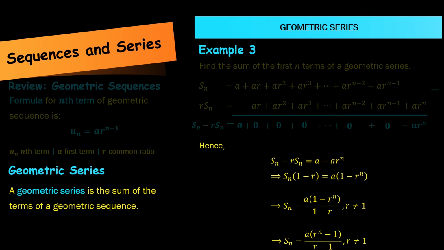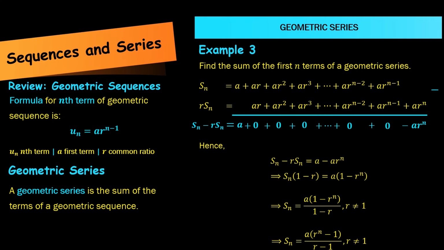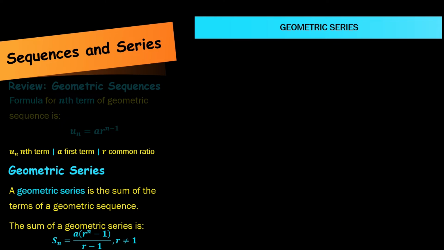And this of course also equals a times r to the power n minus 1 all over r minus 1, for r not equal to 1. So we have the formula for the sum of a geometric series.